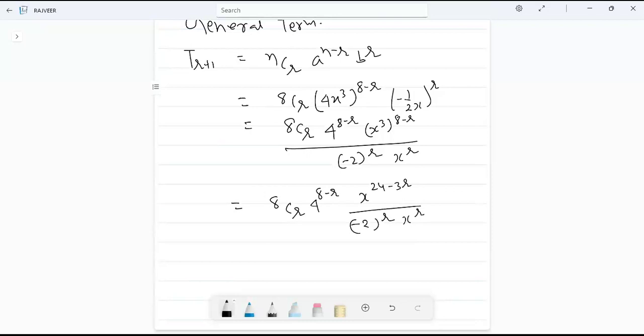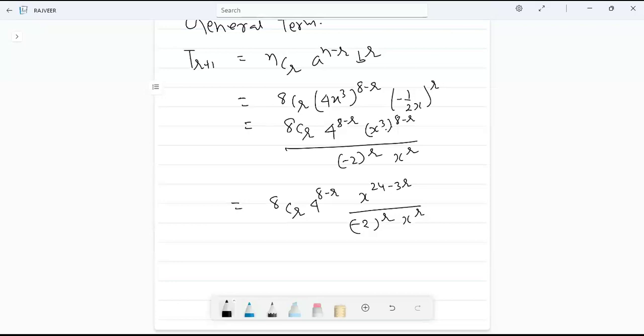Have you understood the last step? Yeah. 3 into 8 minus r. Okay, a to the power m whole to the power n is a to the power mn. So these 3 will be multiplied to 8 minus r, that becomes 24 minus 3r.